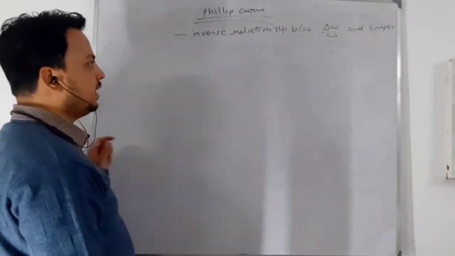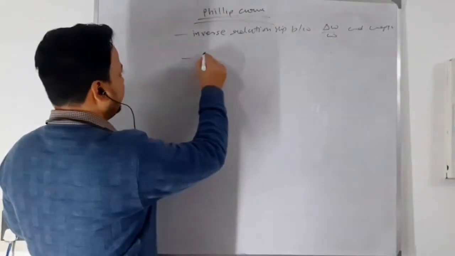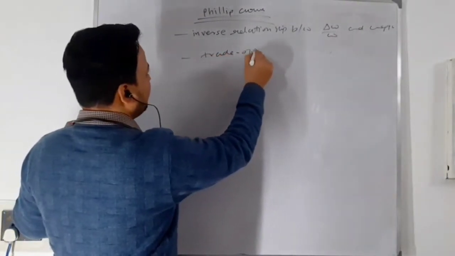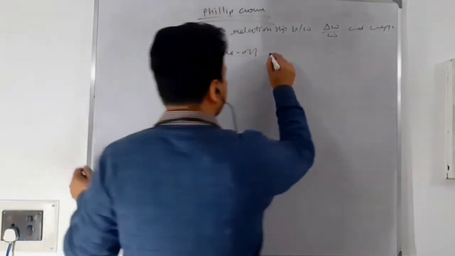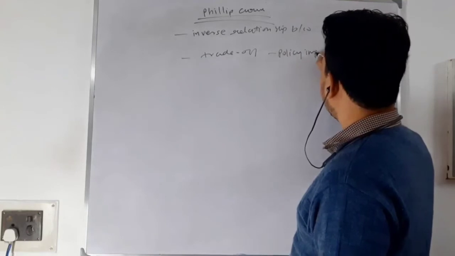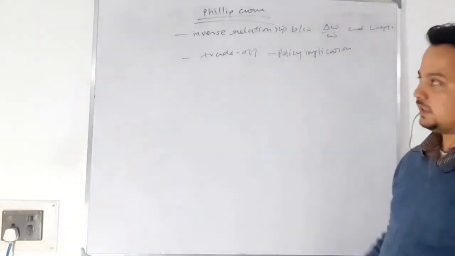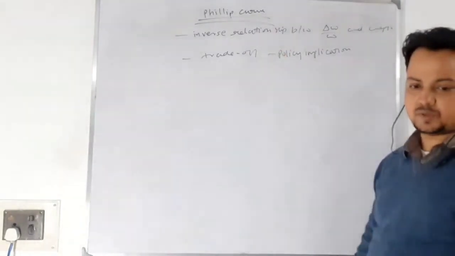There is a trade-off between wage inflation and unemployment. The policy implication is that both cannot be reduced together. These are the three points we have when talking about the Phillips curve.